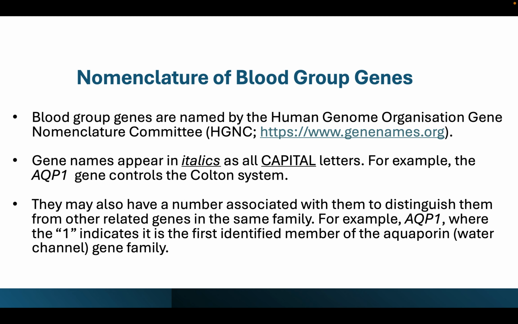They are members of the family, but the first one to be discovered was AQP1, and it tends to be the carrier of the Colton blood group system. For example, in AQP1, the 1 indicates it is the first identified member of the aquaporin water channel gene family.